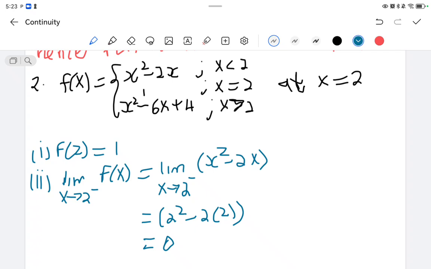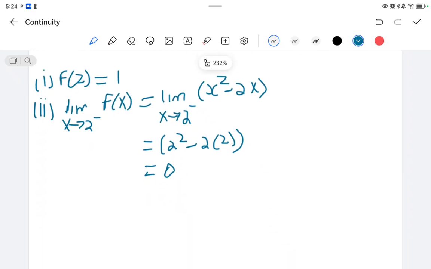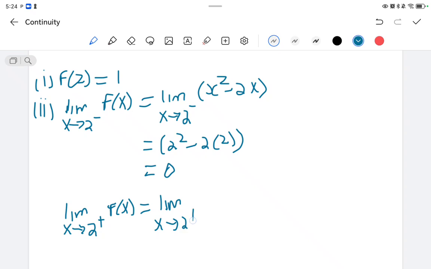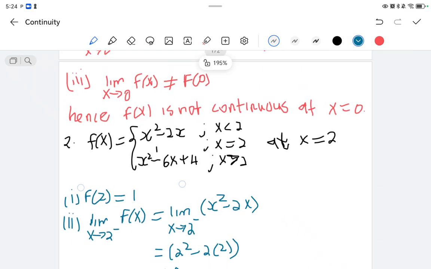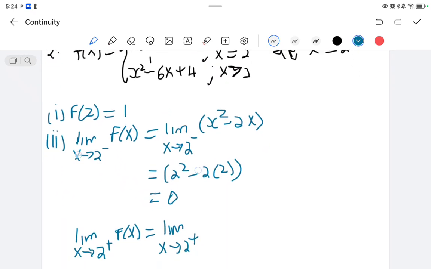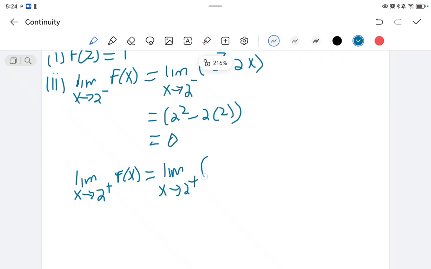Now we check the limit from the right. The limit as x approaches 2 from the positive side of f of x is equal to the limit as x approaches 2 from the positive side of x squared minus 6x plus 4.